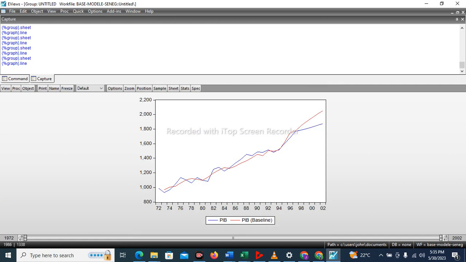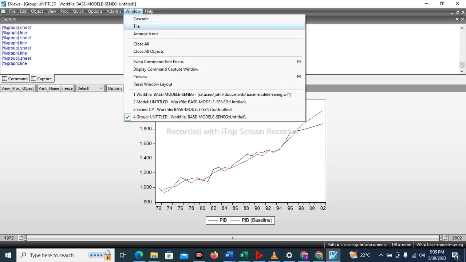Again, you can see, I think for the GDP, the model could have done a good job. The prediction moves at par with the original data. It didn't do a bad job in predicting, so it can do a very good job in predicting our values when it comes to GDP.